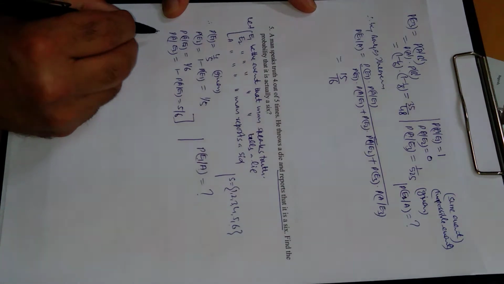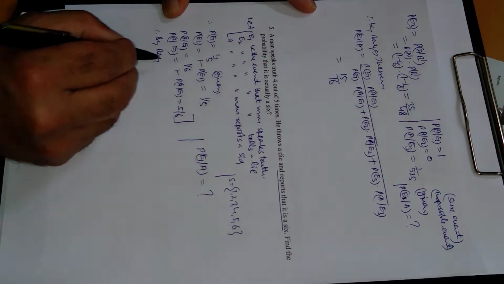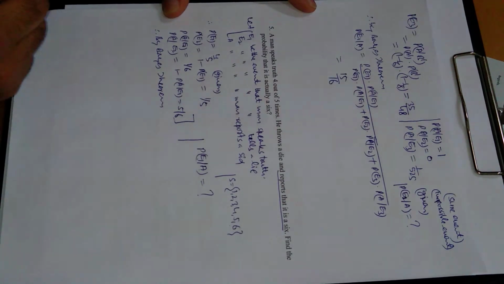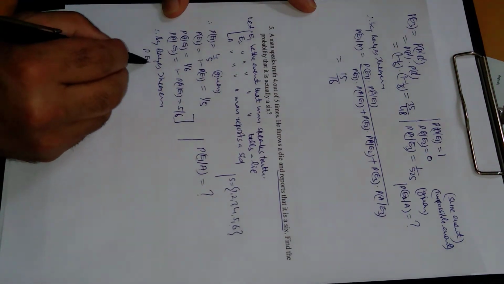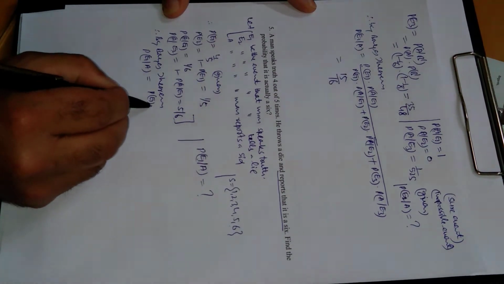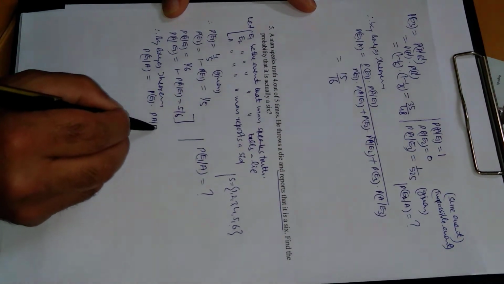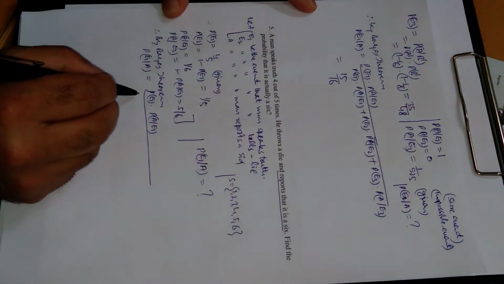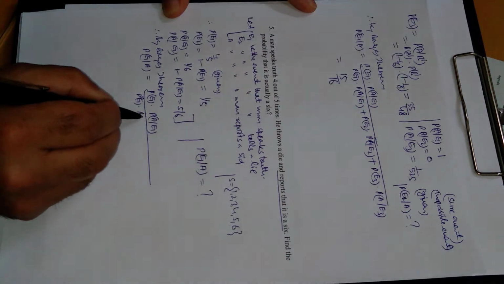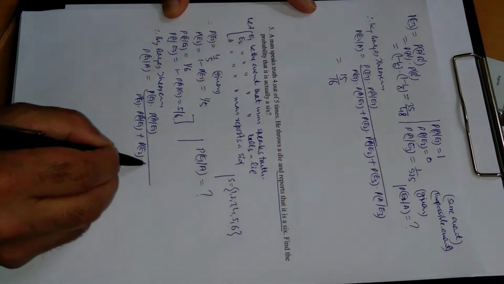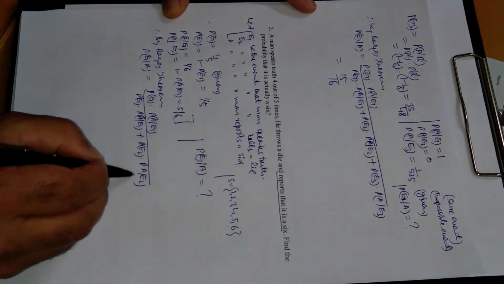Alright, therefore by Bayes theorem, we have to find the probability of E1 when event A has already occurred. So this is P of E1 into P of A given E1. This time there will be only two terms in the denominator, E1 and E2: P of E1 into P of A given E1, plus P of E2 into P of A given E2.